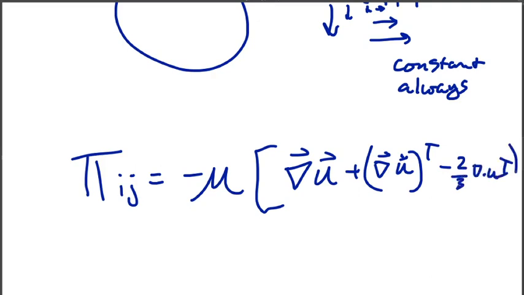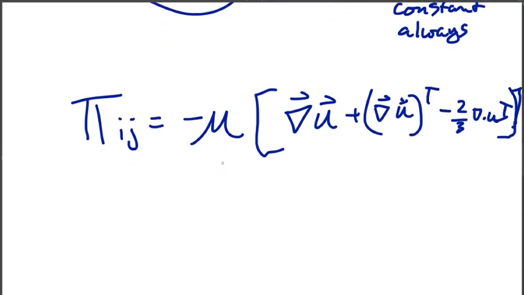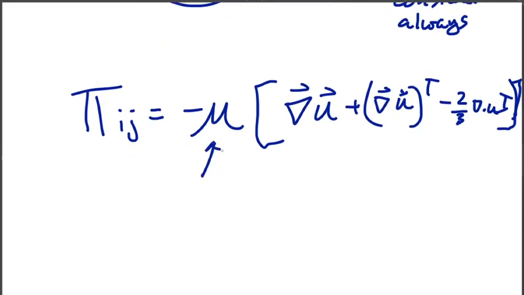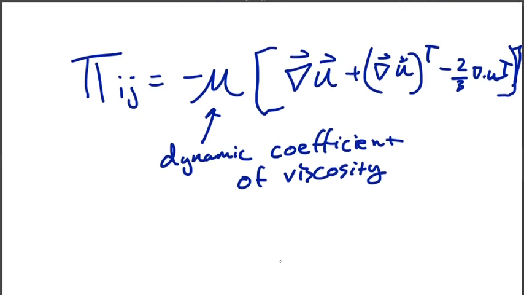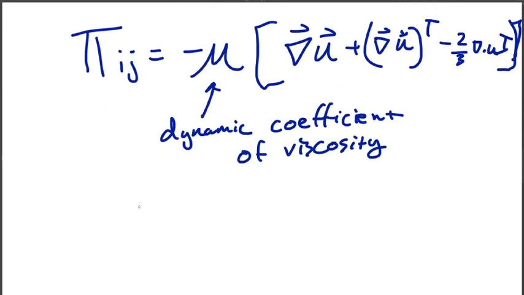But the other thing that we see is the viscous coefficient out front, what's called the dynamic coefficient of viscosity. In this special form of the viscous stress tensor, the way I've written it here, this is appropriate to Newtonian fluids.